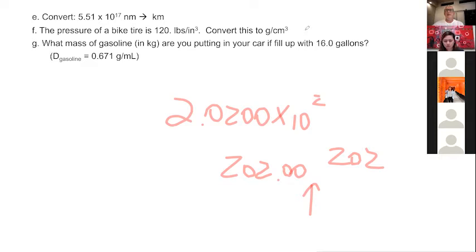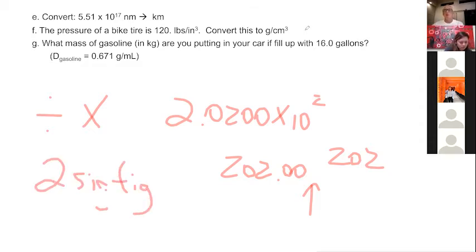Basically, if it's all division and multiplication, then you're limited by the least precise number. So if the least precise number has 2 significant figures, then your final answer needs to have that many as well. But if it's addition and subtraction, then you have to do the addition and subtraction first.